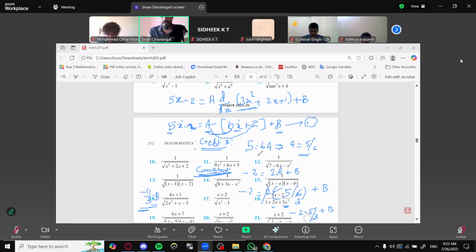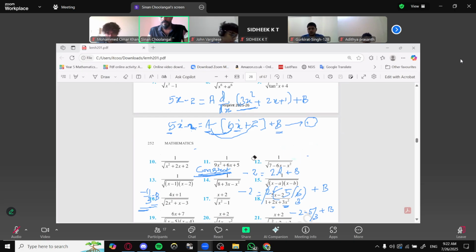Now, this A value and B value, we can replace in equation number 1. That's why I kept the naming for equation number 1. Equation number 1 implies 5x minus 2, A value is equal to 5 by 6, B value is equal to negative 11 by 3.